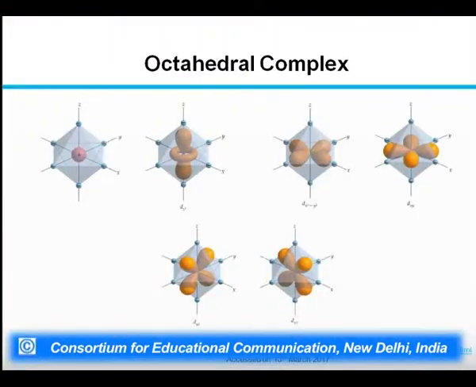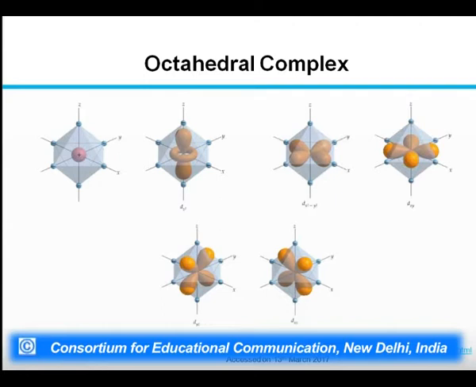We can visualize that in an octahedral field, the metal is present at the origin of the coordinate axes, and the 6 ligands are approaching along the 6 directions, that is, z and minus z, y and minus y, x and minus x. We can also see the orientation of the orbitals, both axial and non-axial, with respect to the coordinate axes.